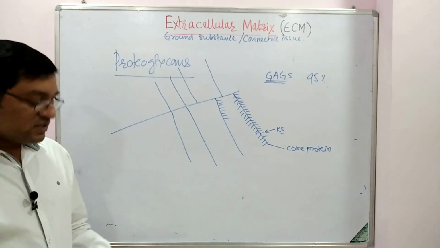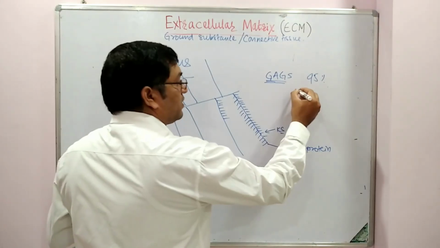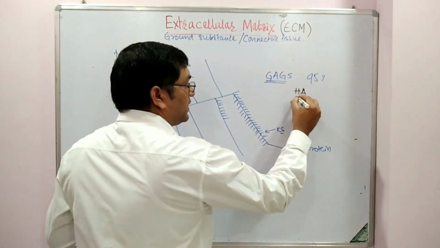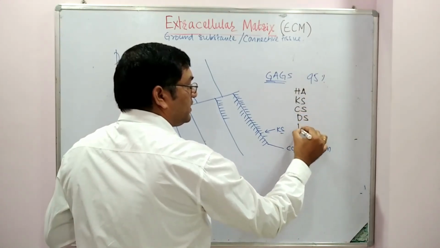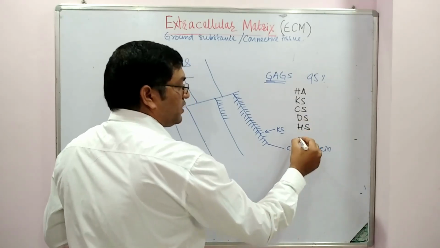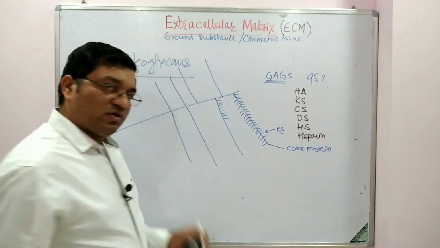Various glycosaminoglycans are there: hyaluronic acid, keratan sulfate, chondroitin sulfate, dermatan sulfate, heparan sulfate, and heparin.